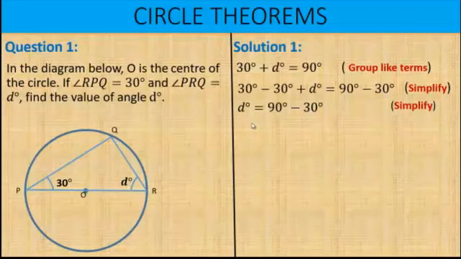And when that is also simplified, we get D degrees is equal to 60 degrees, because 90 degrees minus 30 degrees would give us 60 degrees. Now, this is one of the shortest ways of solving such a question. But let us look at the second method or the second solution, so that you pick what best suits you.